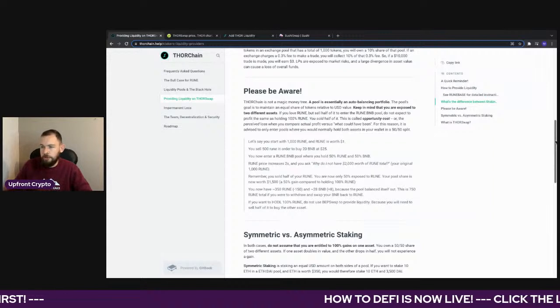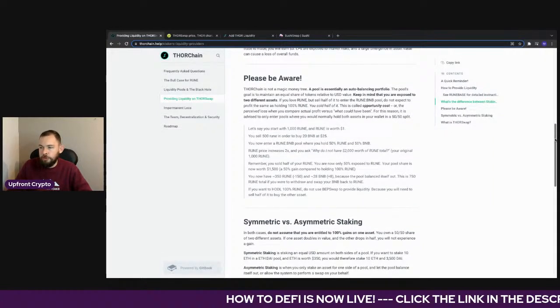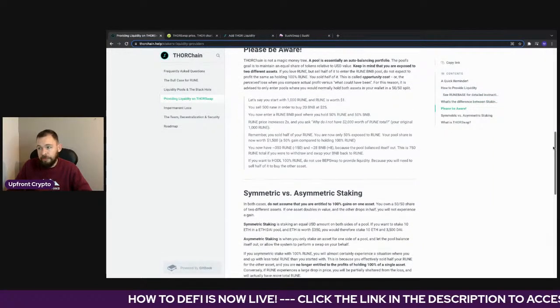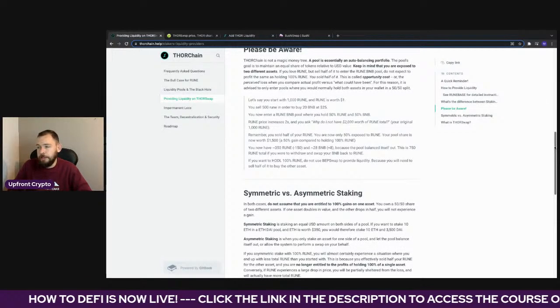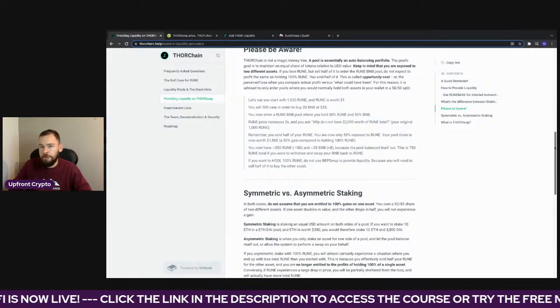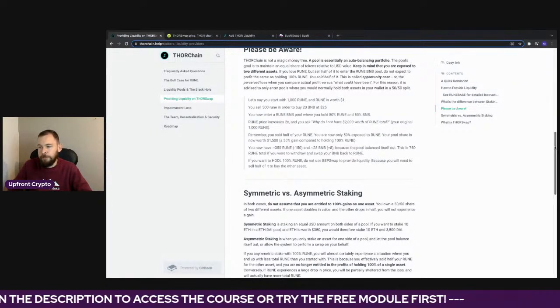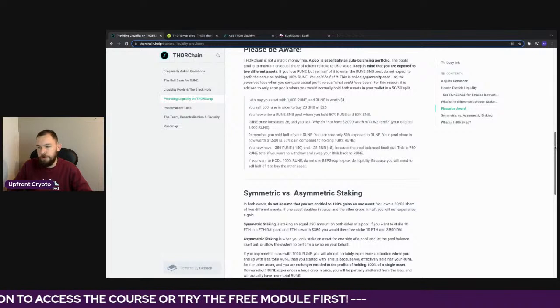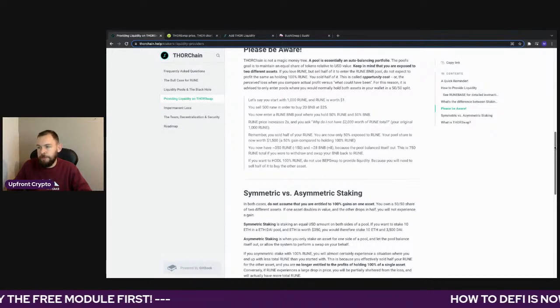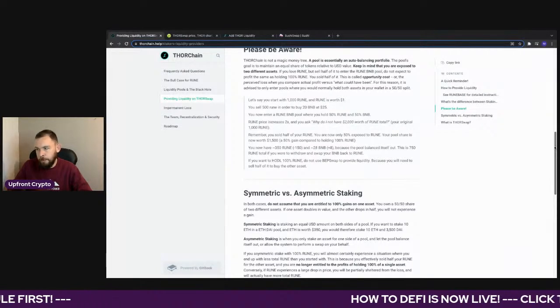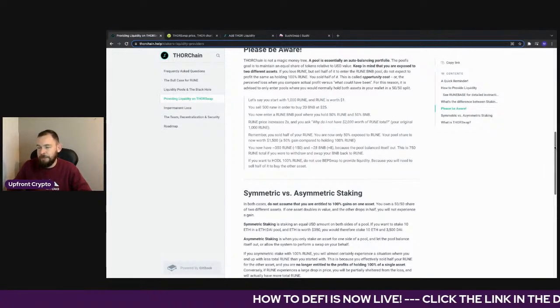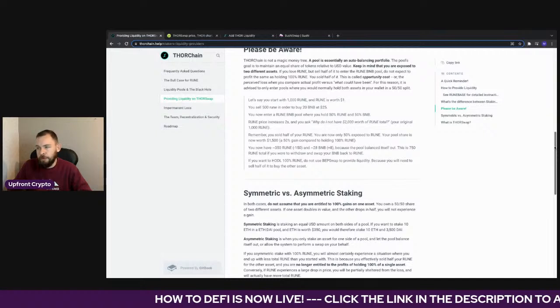Remember, you sold half of your RUNE. You are now only 50% exposed to RUNE. Your pool share is now worth $1,500, a 50% gain compared to your original $1,000. You now have 350 RUNE, minus 150, and 28 BNB, plus 8, because the pool balanced itself out. This is 750 RUNE total if you were to withdraw and swap your BNB back to RUNE.